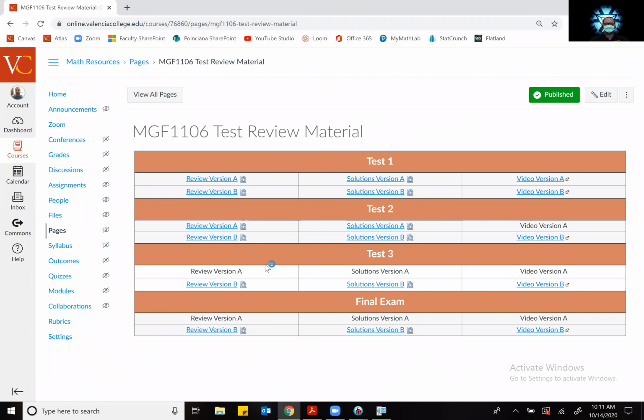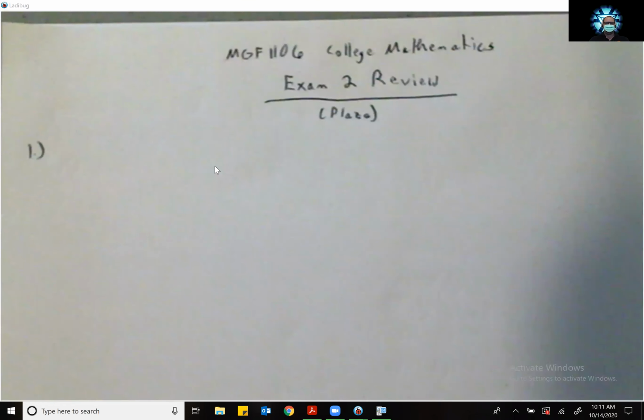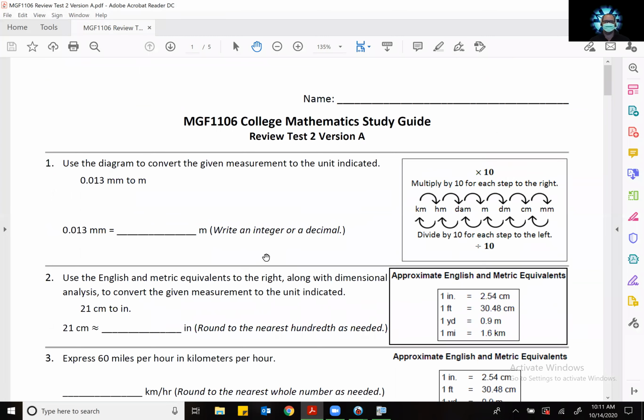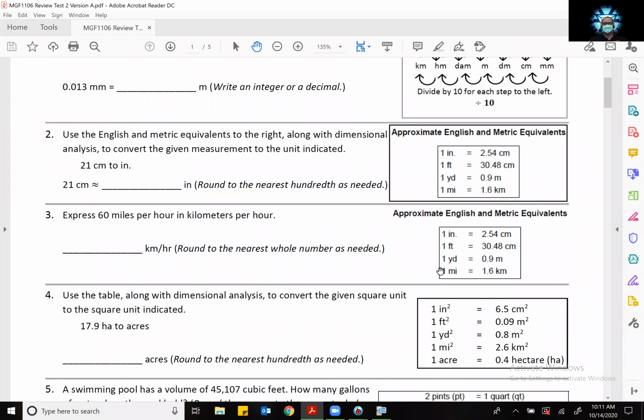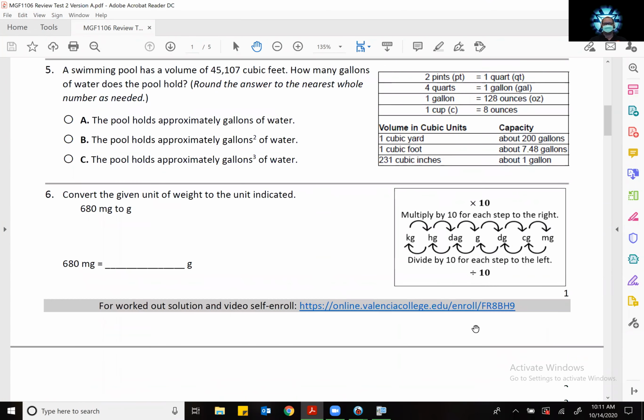All right, so with that being said, let's start talking about some college mathematics. So here is our review. The first thing I can tell you is that for all of the chapter 9 information, you should not have to memorize any conversions, because right over here in this small box, they give you all the information you need for any conversions throughout the exam.